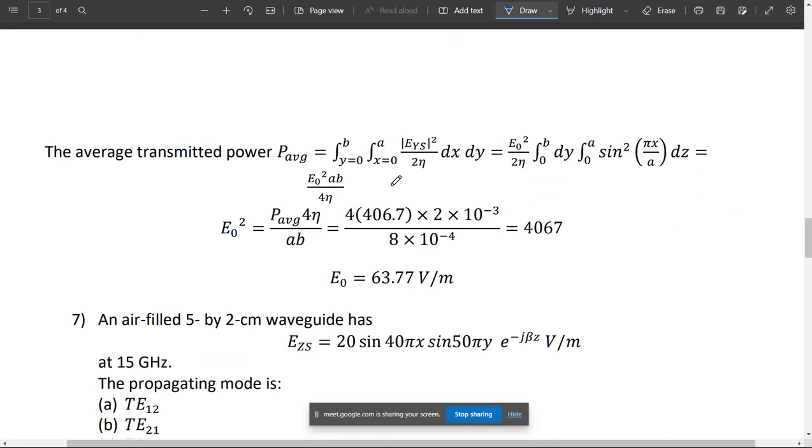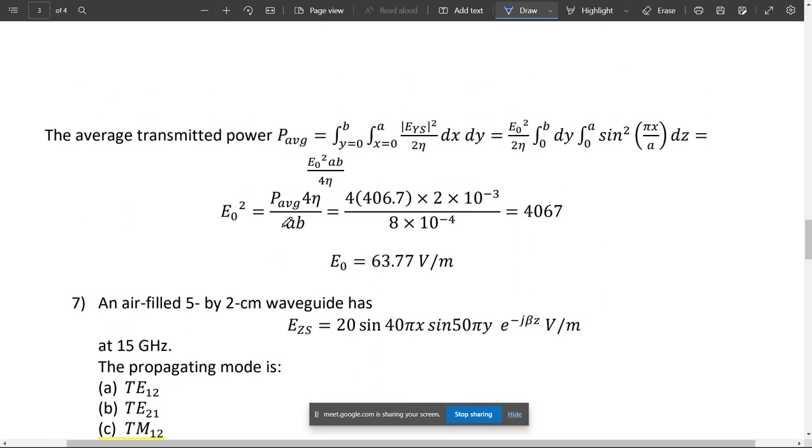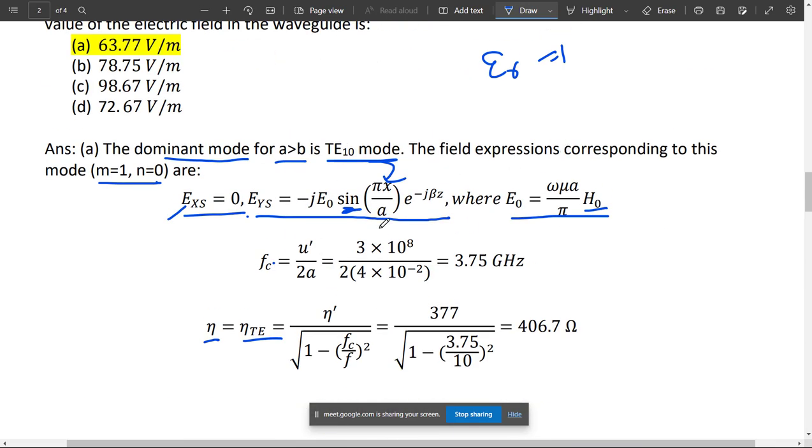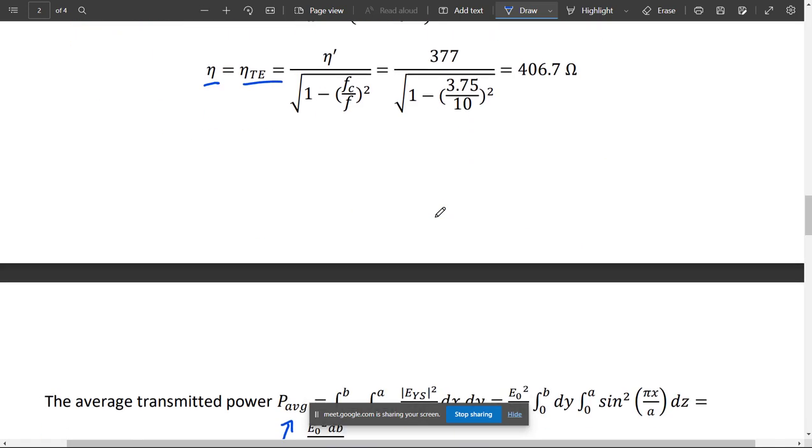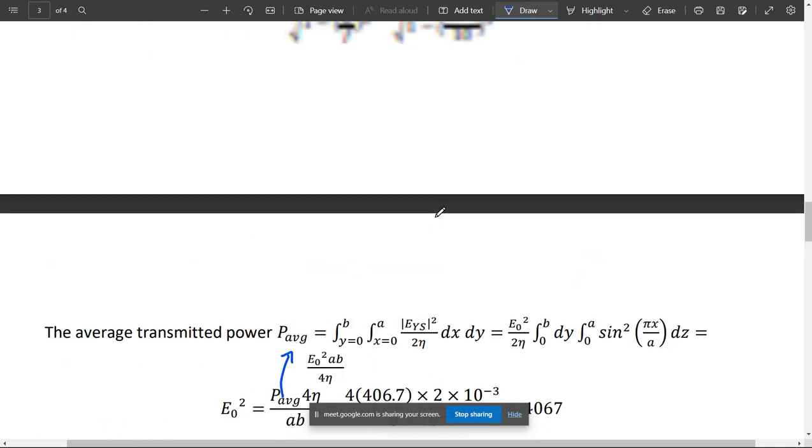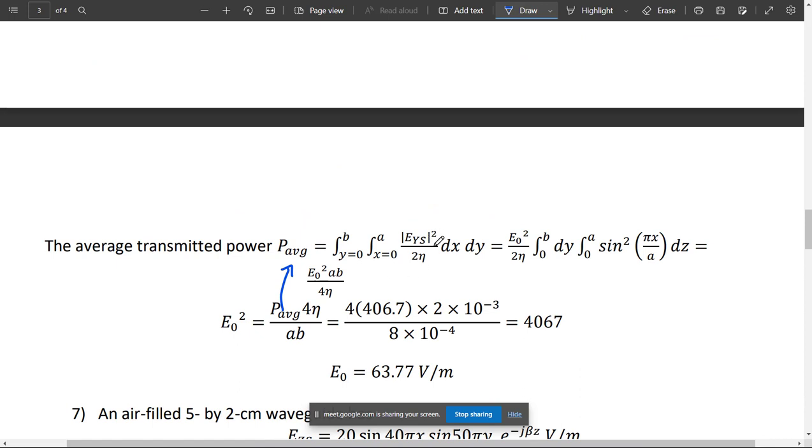To find E naught, we know that E naught square is equal to average power into 4 eta upon AB. For finding the peak electric field, we have to find the average power. For average power, we have to integrate EYS upon 2 eta dx dy.